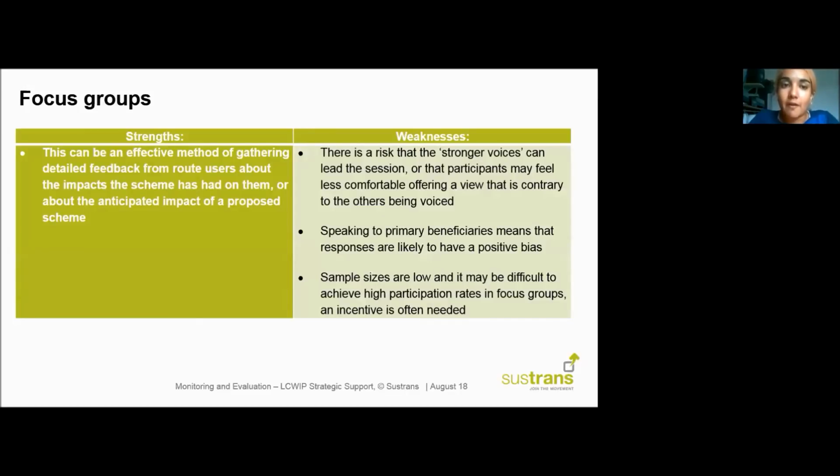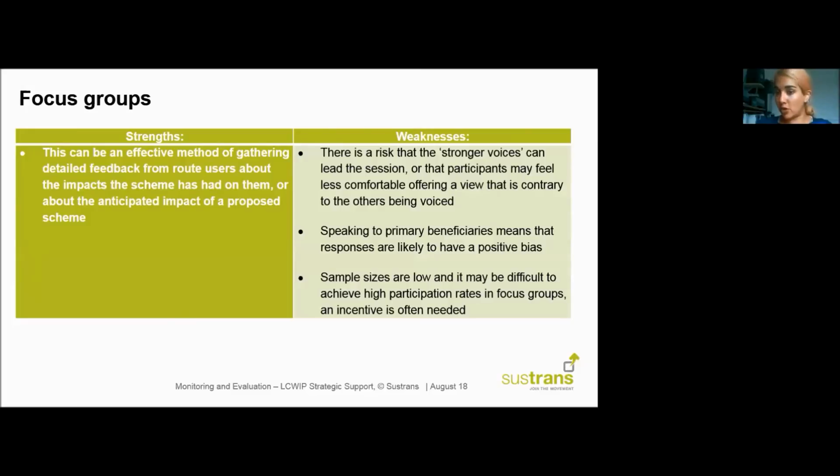So they are very effective at gathering in-depth feedback and understanding the why of what has occurred. So if you, for example, have observed results that are not expected, it can be very useful to carry out a focus group to understand why this is the case, because quantitative methods alone won't answer the why.